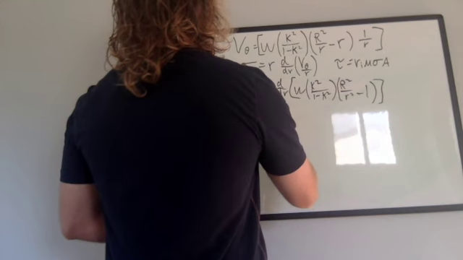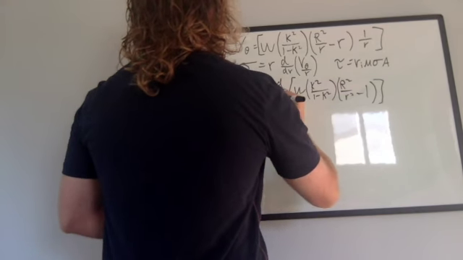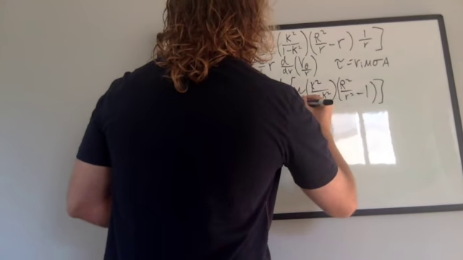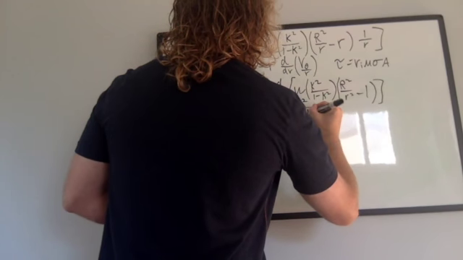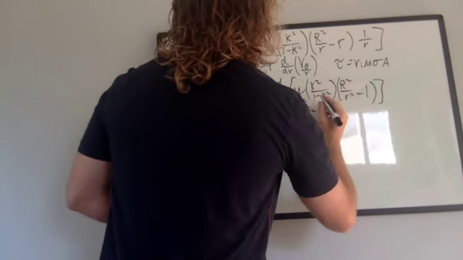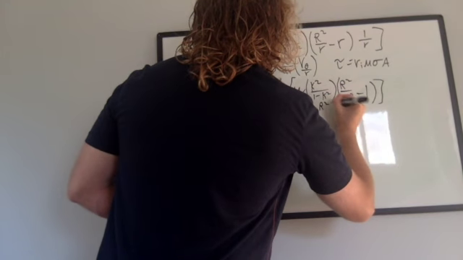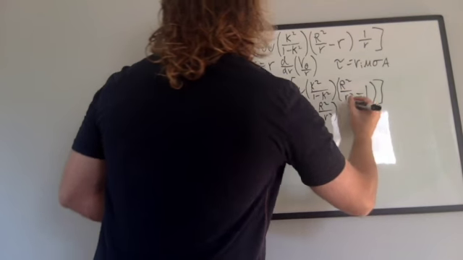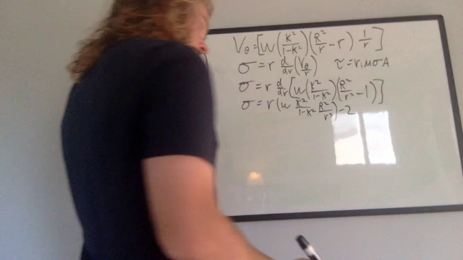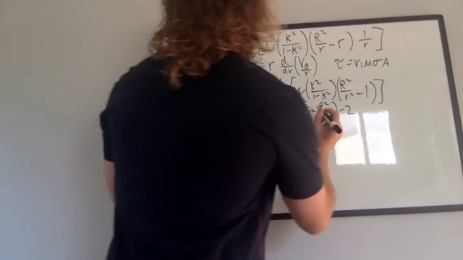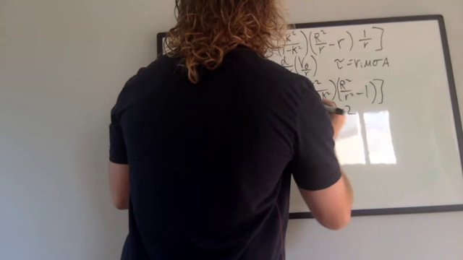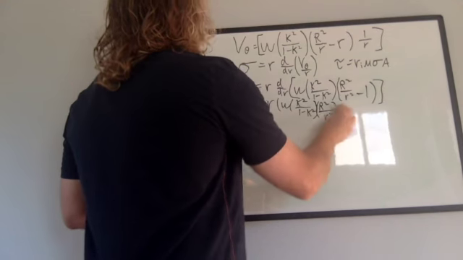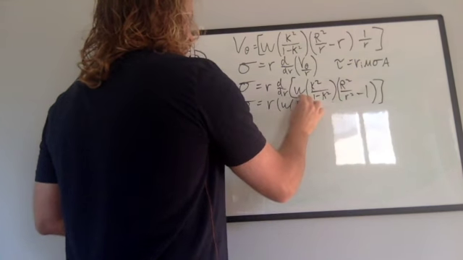So let's go ahead and write that out right quick. This is going to be equal to r, then w k squared over 1 minus k squared, and then this is going to be big R squared over r cubed, and then a negative 2, like so. This is not what it's supposed to look like.